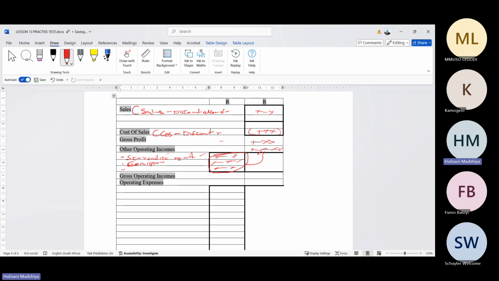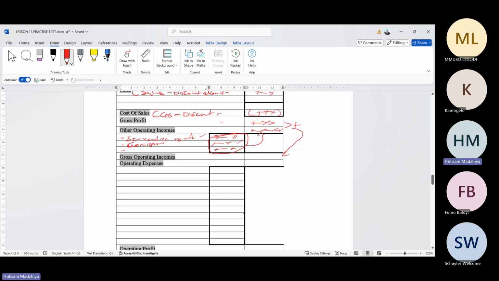Then you say your gross profit plus these two accounts, we add them together to give us the value for the gross operating profit. Because now we have got income from sales and income from other operating sources, we then have a total of gross operating income.